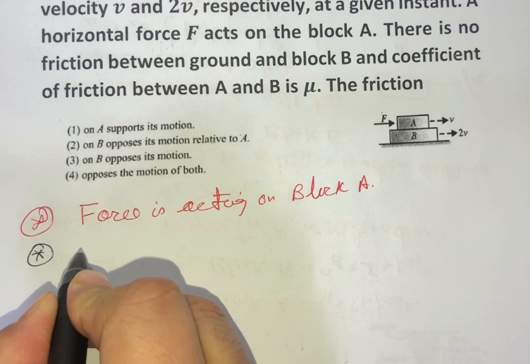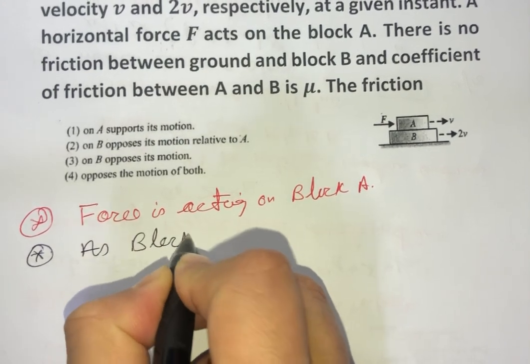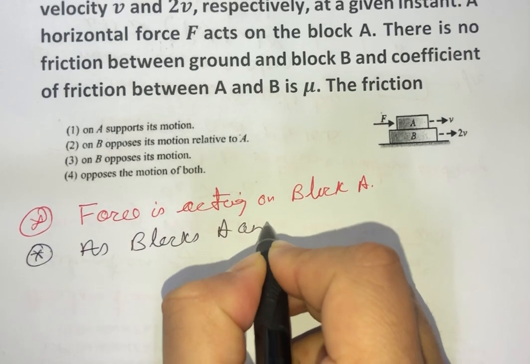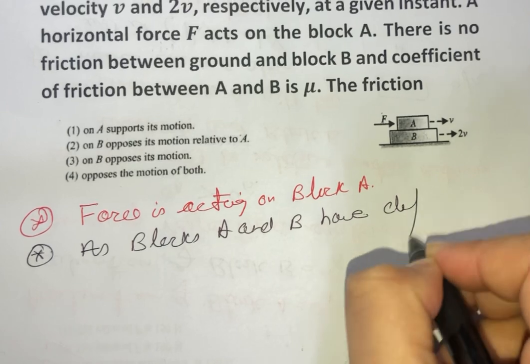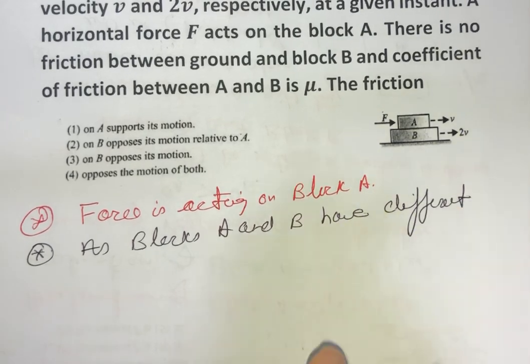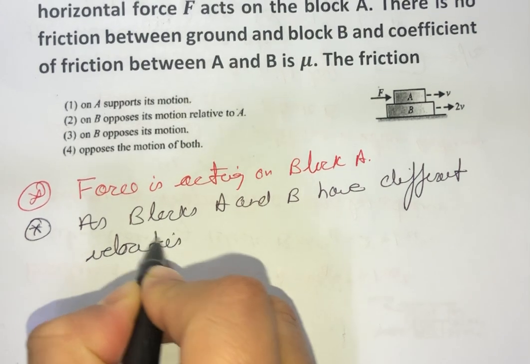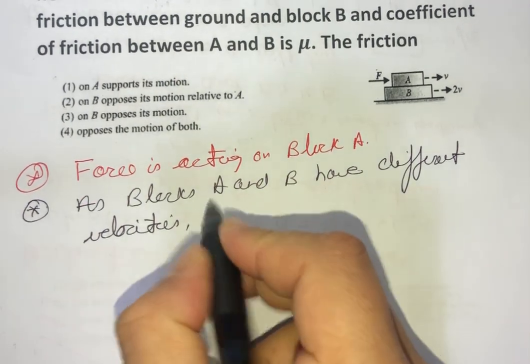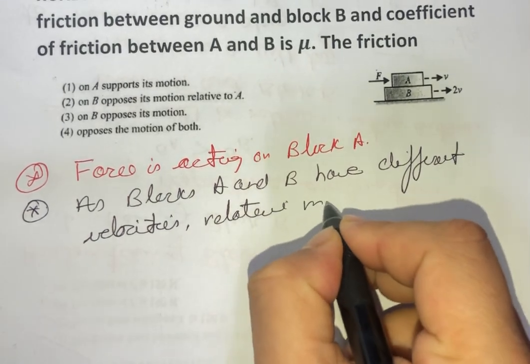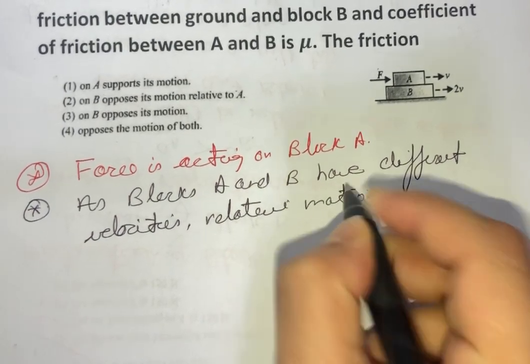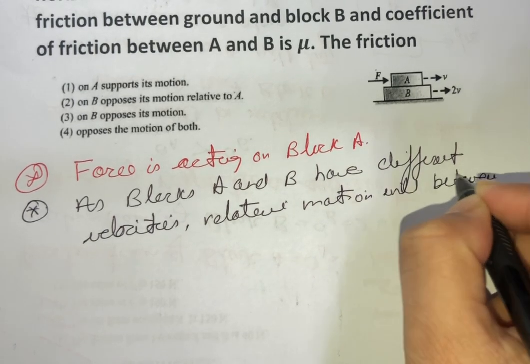As block A and B have different velocities, relative motion will be between the two.